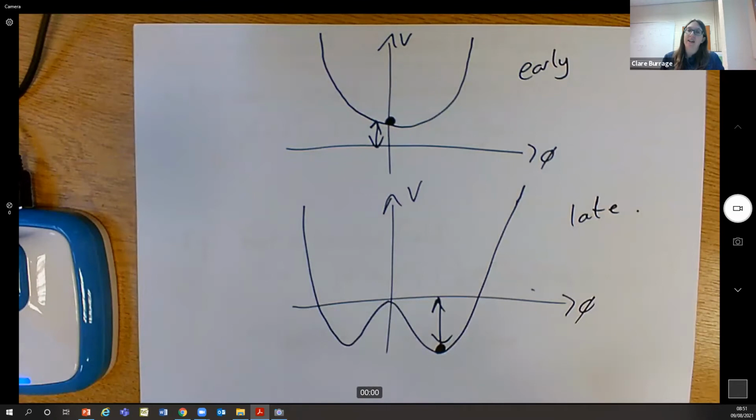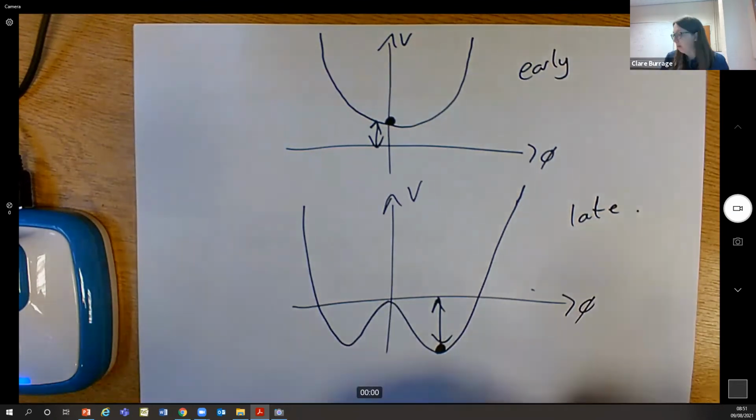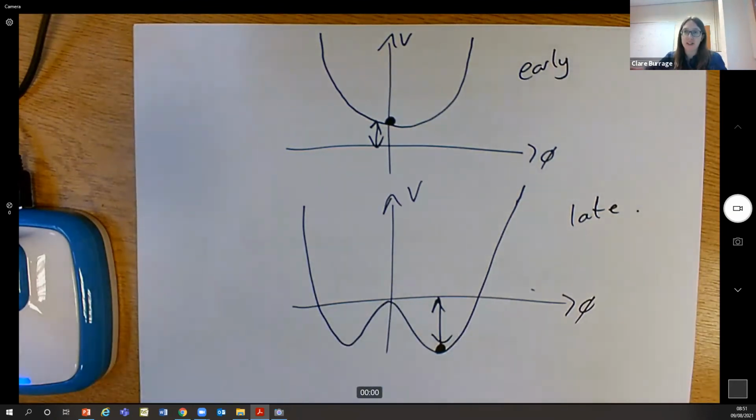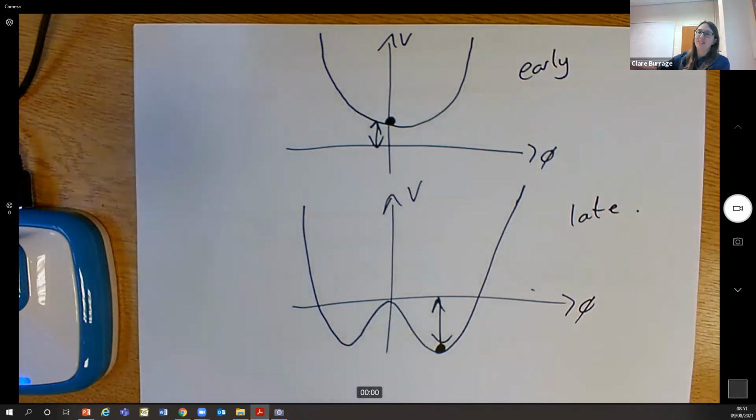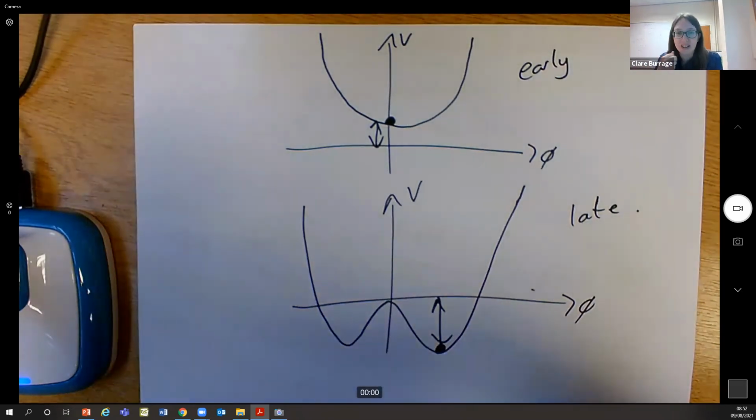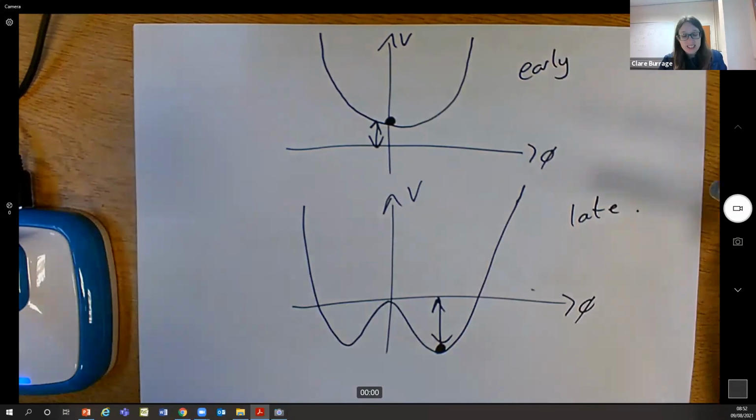So this is another one of the reasons why the cosmological constant problem is difficult to solve, and we're only talking classically at the moment. We haven't yet got to the complications of making this a quantum theory.